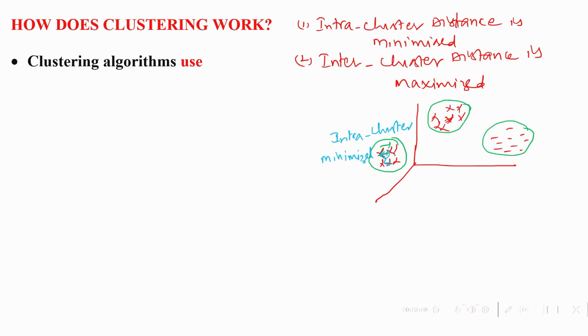Here the distance between one element in one cluster and another element in another cluster must be maximized. That is called inter-cluster distance, or similarity, being maximized.